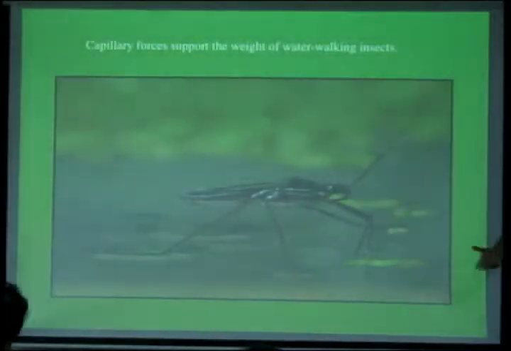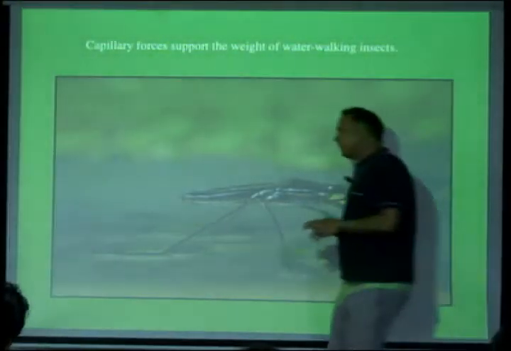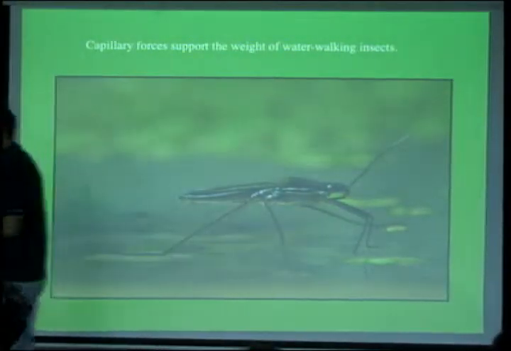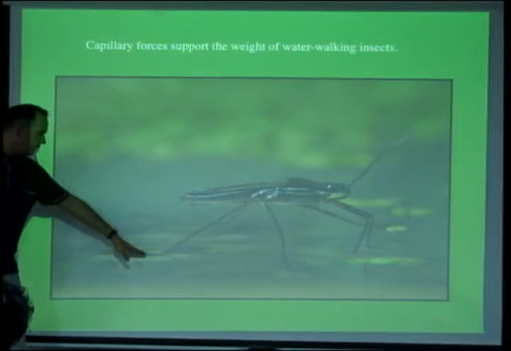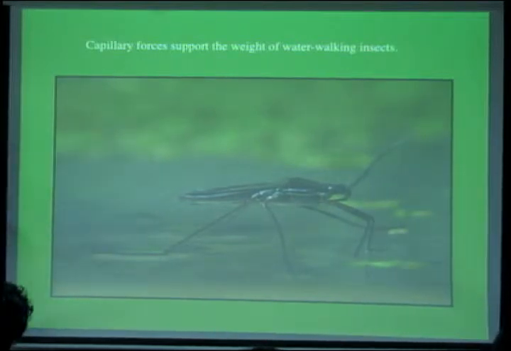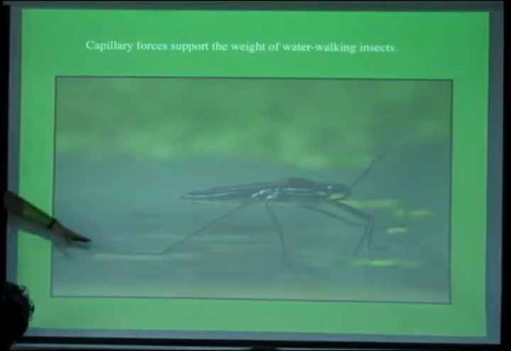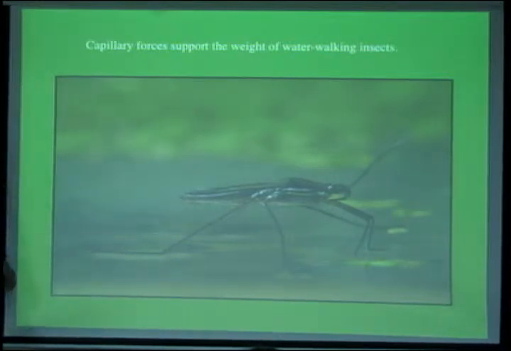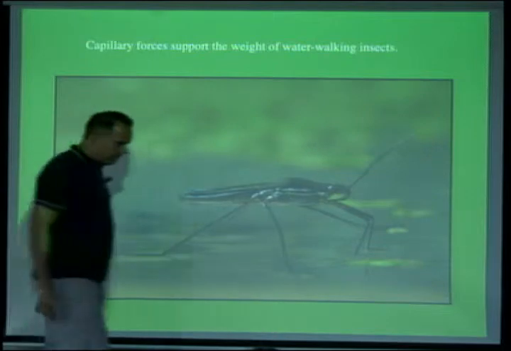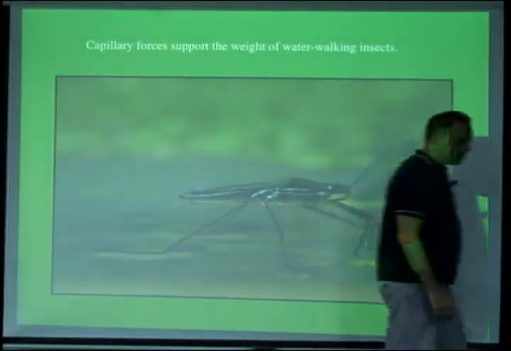Okay, but again, to stress the two physical effects surface tension gives. One is a tendency to keep the interface flat. So by deforming the interface, it gives rise to pressures which can support the weight of this creature.